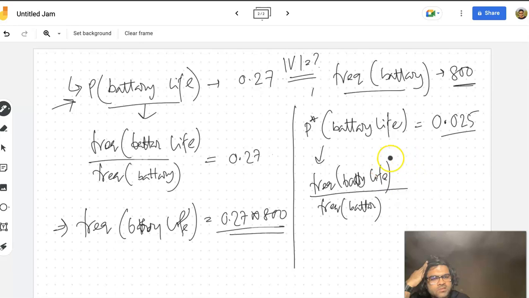Now, what does add-one Laplace smoothing do? It is just adding some value here and some value here. Suppose they are adding V here.